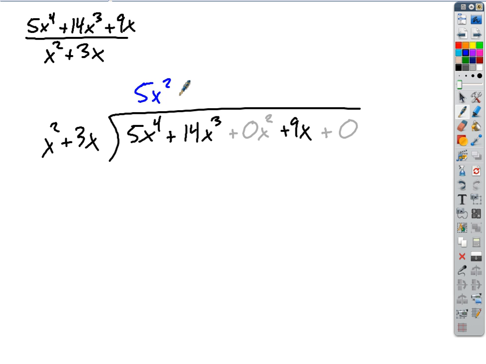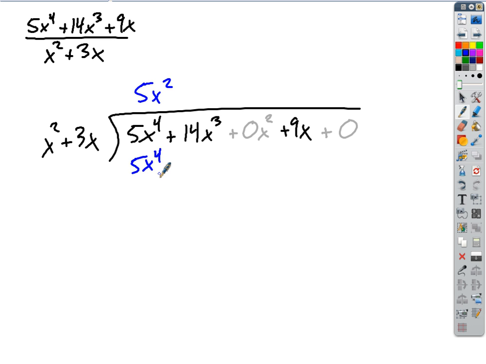What do I do with that? Remember, here's where I distribute that to both terms. Whenever I get a number up here on top, I immediately distribute it, and then I'll subtract the result. So what do we get when we distribute? 5x squared times x squared is our 5x to the fourth.